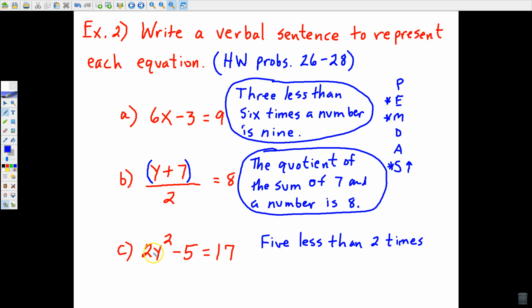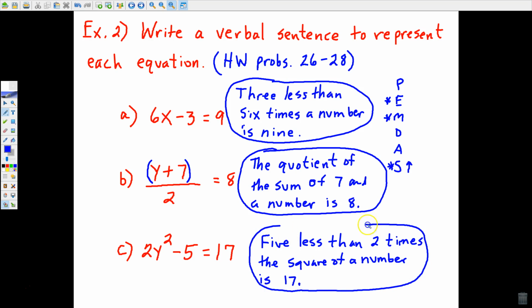I've taken care of the multiplication, and now I'm ready to word the exponent, and we just say the square of. We saw that on the previous slide. The square of a number, since we don't know what that number is, it's a variable. And then for equals, I use the word is, and then of course 17.